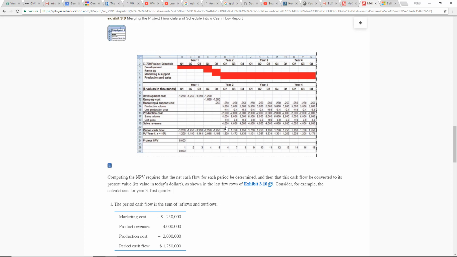So now it gets a little bit interesting because we have production and sales going on, okay? And if you net out what happens here, you have 250,000 going out. We're spending 2 million going out on producing the product, but then we have 4 million coming in, and if you add all that up, it nets out to 1,750,000 for that period. Okay, and so I've gotten you far enough into the table or the chart here, and you'll notice it goes into what we call steady state.